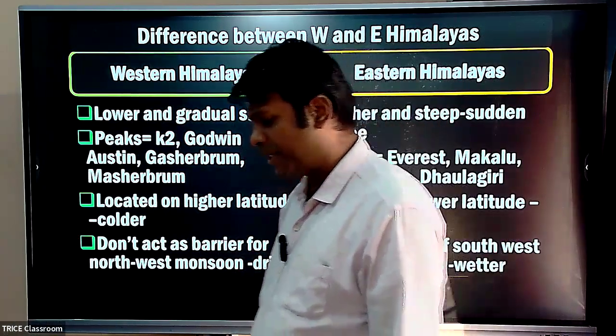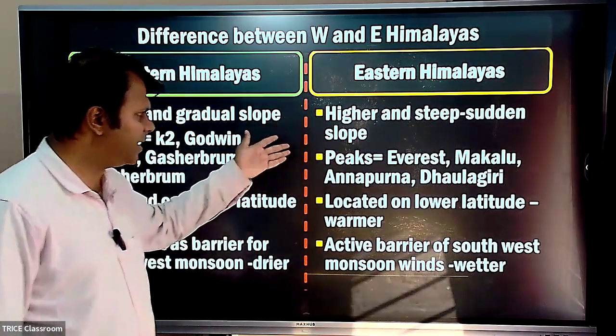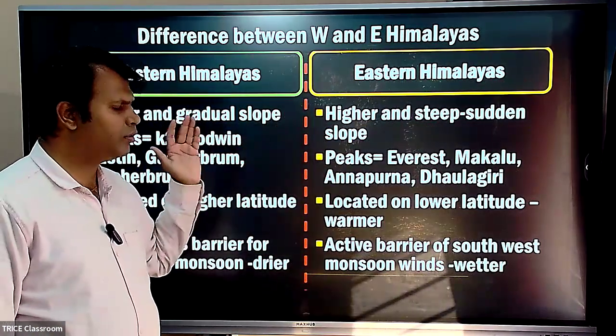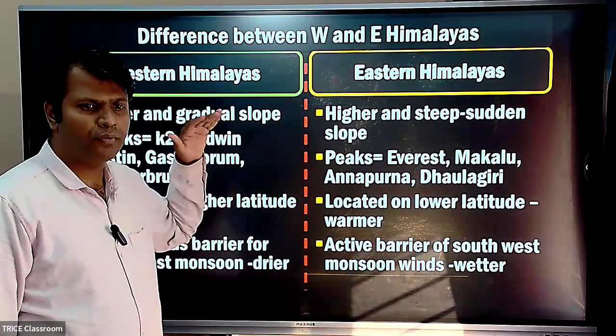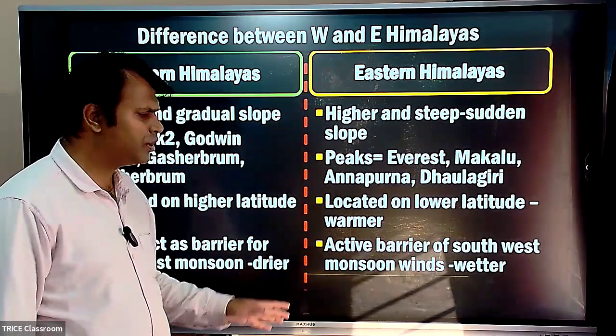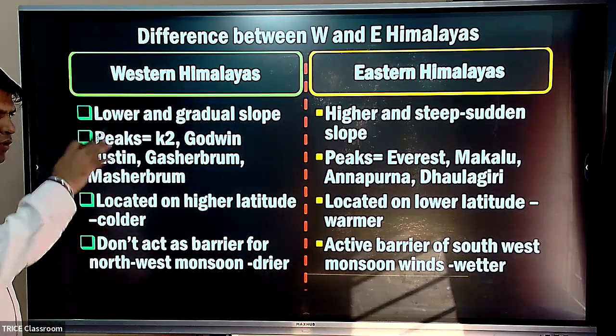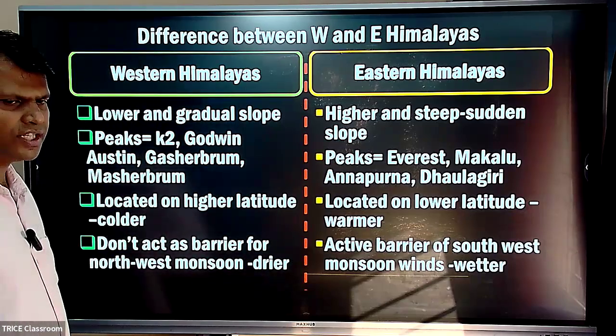Yesterday I was explaining that the Himalayas, though they are located on a lower latitude, block the winds that blow during the southwest monsoon. The southwest monsoon winds that escape the Western Ghats move towards the northeast region.